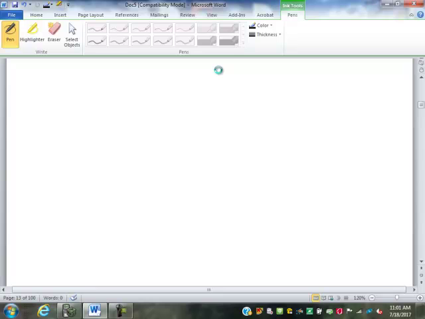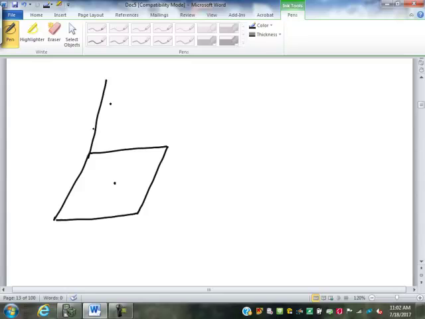Before we finish up, we've got a few other shapes we want to look at. Yes, it is more volume and surface area. A pyramid.